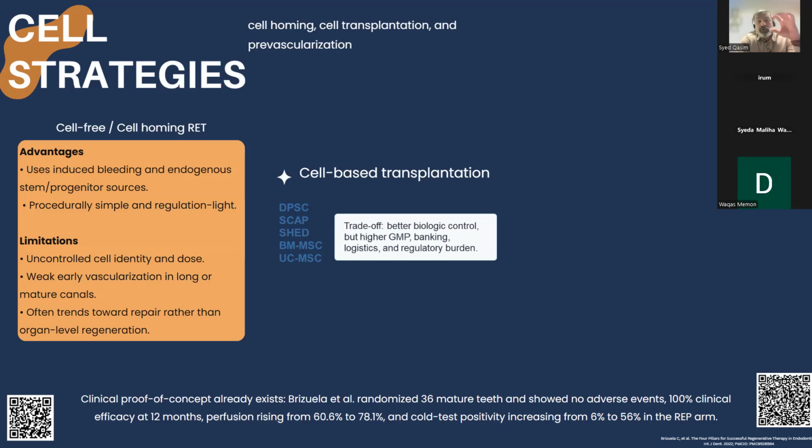It is so important, not because it solves the problems we are talking about, but because it proves there's feasibility, there's safety, and there's a measurable functional signal in hard clinical scenarios, such as mature teeth with open apexes. It showed that umbilical cord with a plasma-derived biomaterial was able to regenerate it.